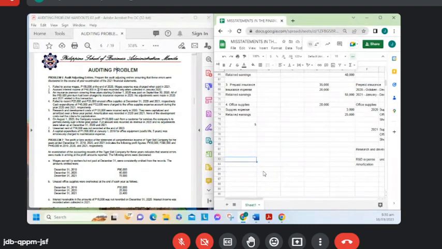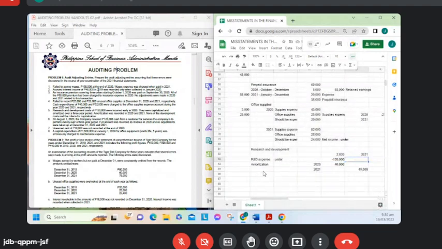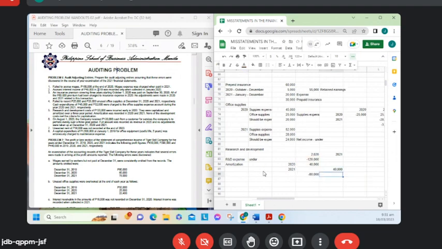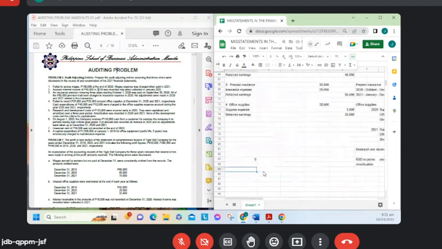So for number five, we are going to adjust that difference, or the overstatement in expenses, resulting to understated retained earnings or net income during the year in 2020 under retained earnings. So we're going to credit retained earnings.